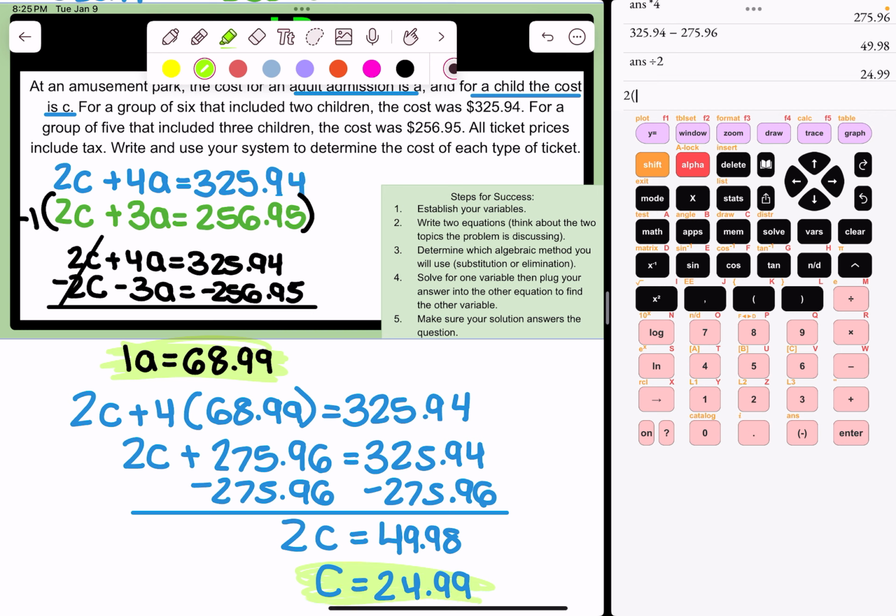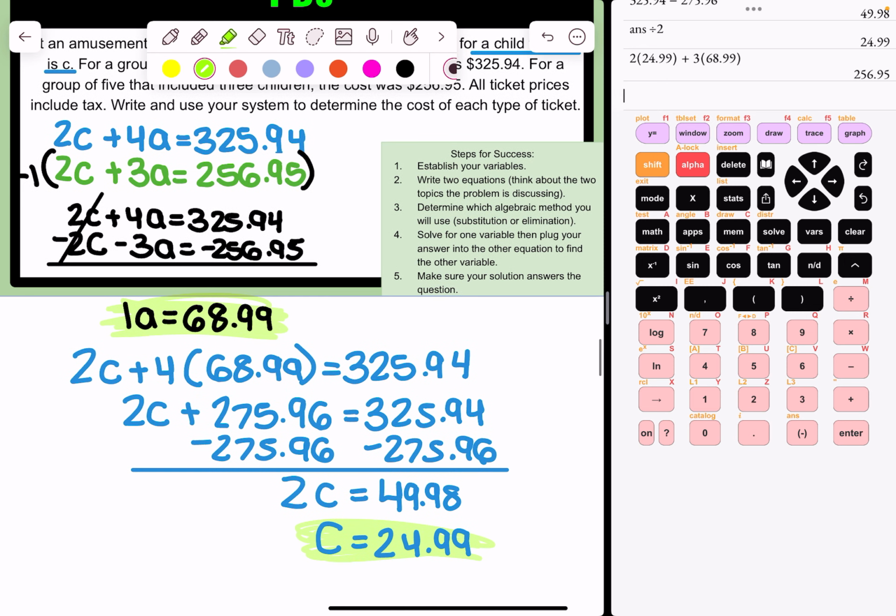Let's just use the second equation to make sure this makes sense. Make sure I didn't make a mistake anywhere. Looks good. And you could write a sentence.